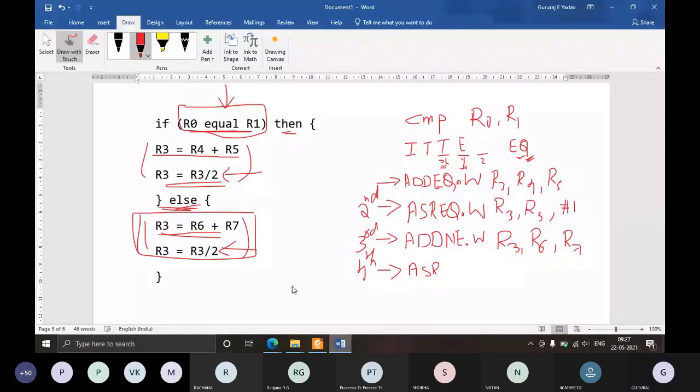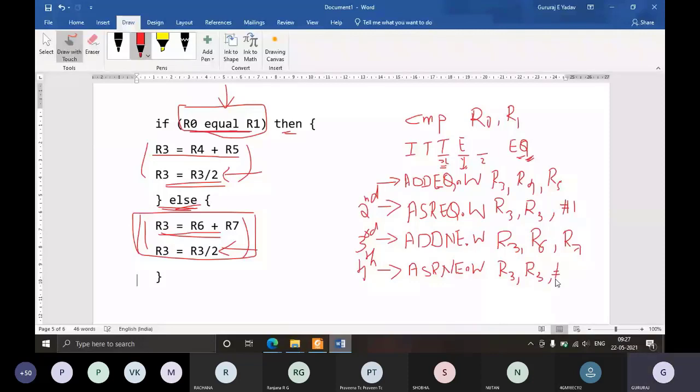So that is NE dot W. You have to right shift the contents of R3 by 1 bit and store it back in R3 only.